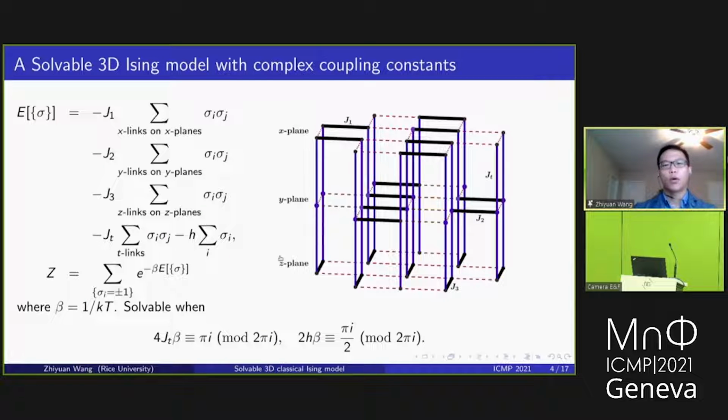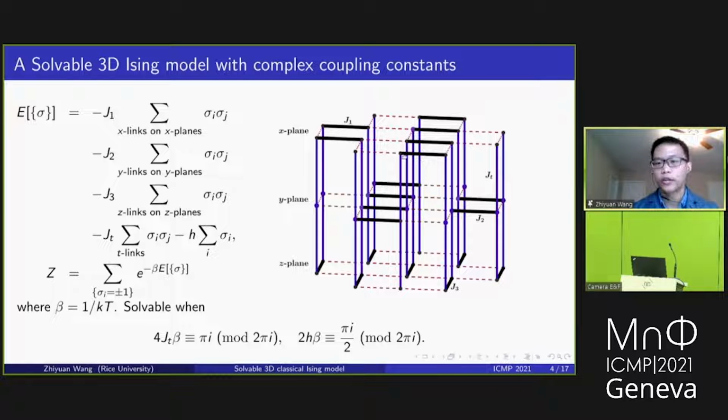So here is our model. It is defined on a three-dimensional tiling of the brick wall lattice, where the third direction has periodicity 3, and we only draw one period here. There is one classical spin on every vertex of this lattice, and there are spin-spin interactions only on the solid links.